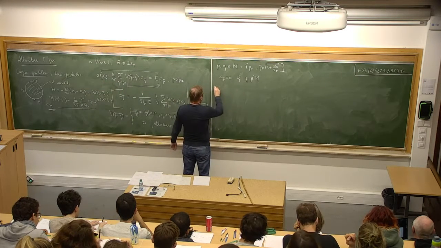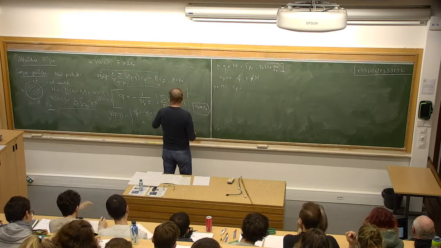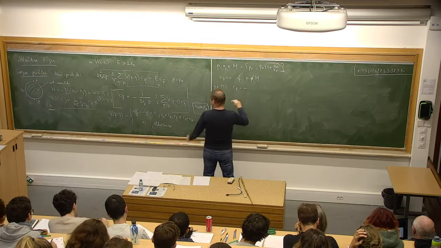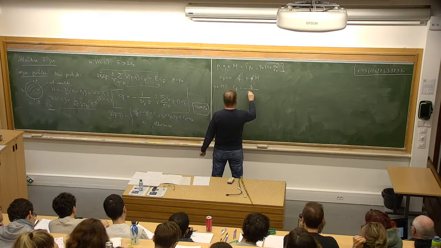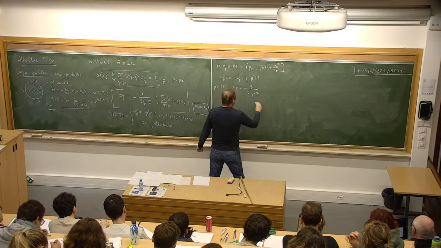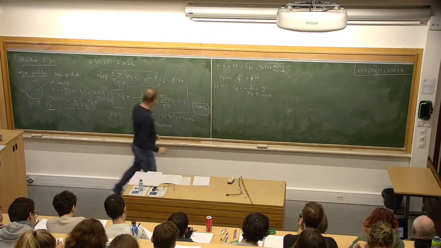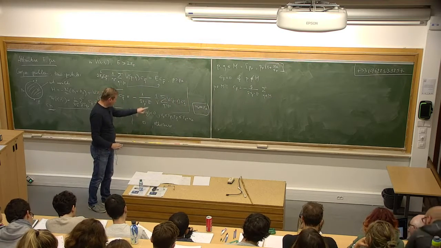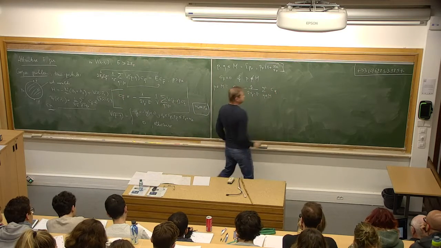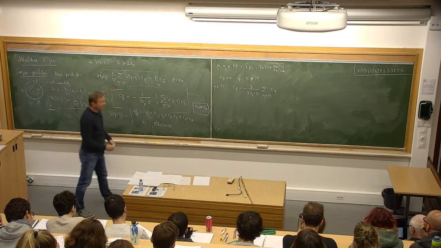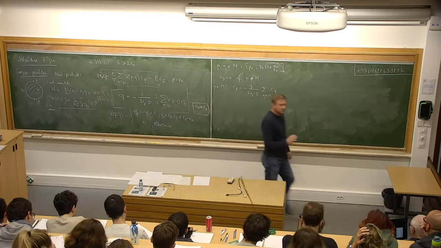And if P belongs to M, Cp equals minus G, that's my interaction, divided by 2 epsilon P minus E, and now I have a sum over Q belonging to M, because I sum over Q here, CQ. So then I have this equation. Let me now have a look at the solutions of this equation.